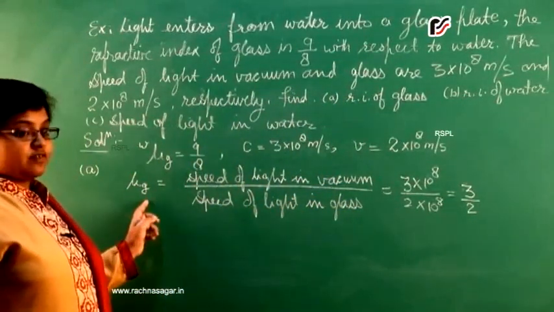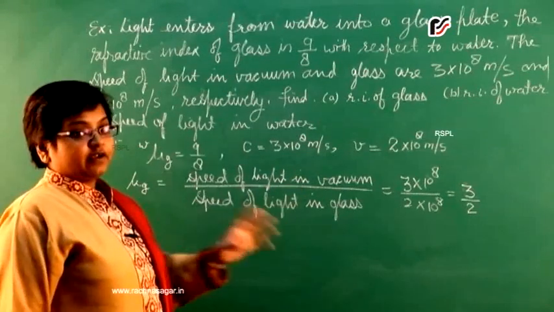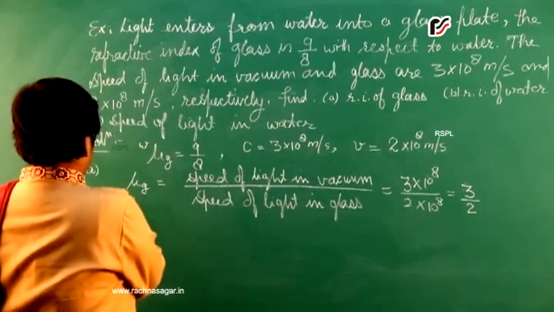That is, the refractive index of glass is 3 by 2. Now case B.